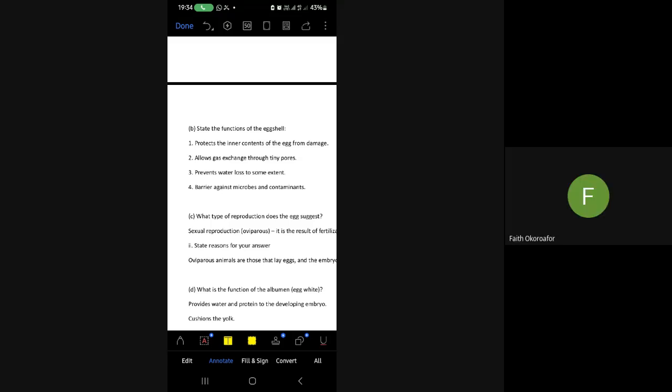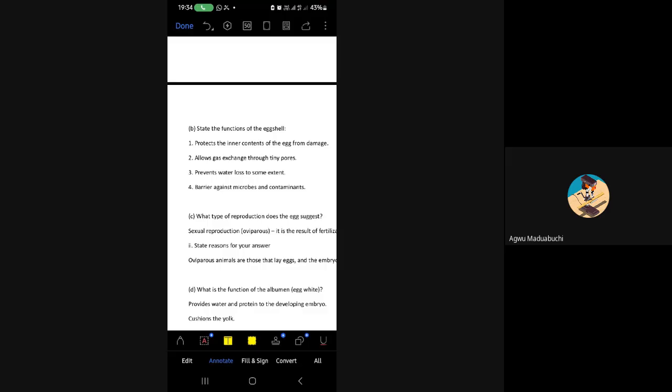Maybe female. Okay, you said female, somebody said both. So which one should we go for? It is a sex cell. It is a female sex cell. It is a female gamete. Do you get it?